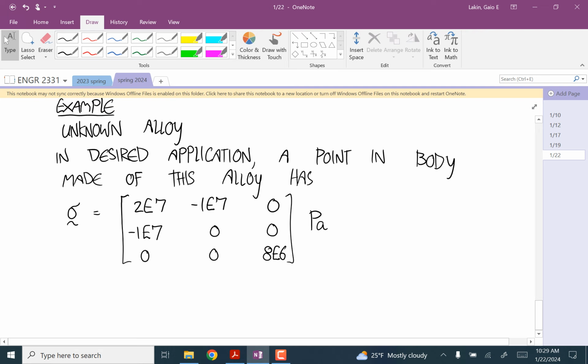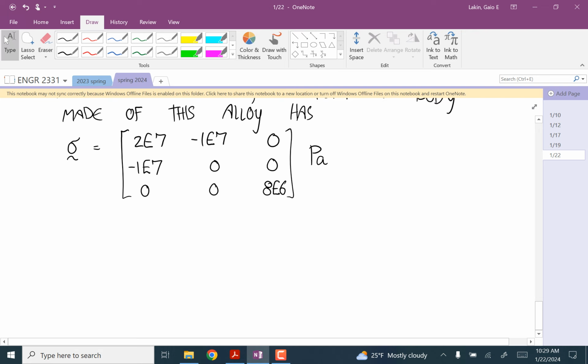In order to figure out the deformation that's going to happen at that point, the strain at that point, we've prepared a sample of this alloy in a tensile test.